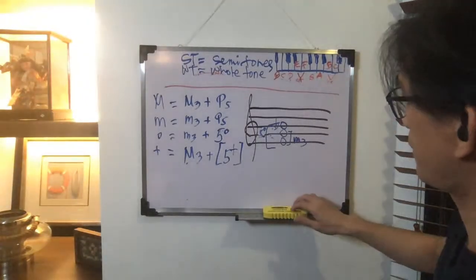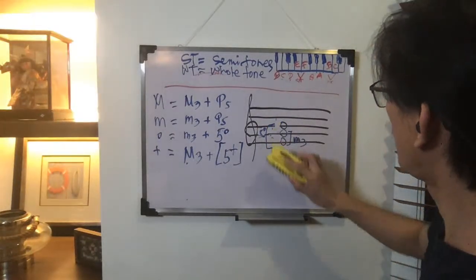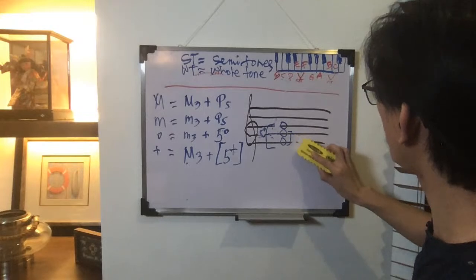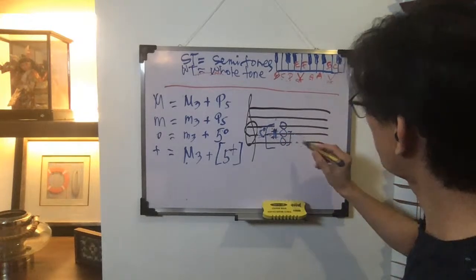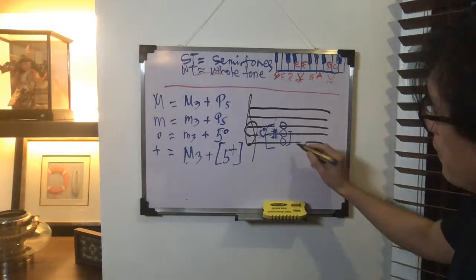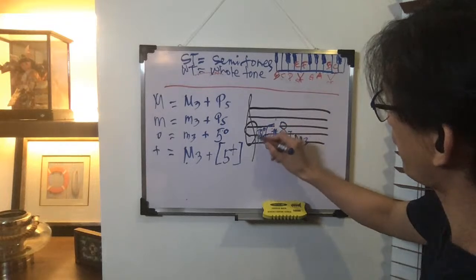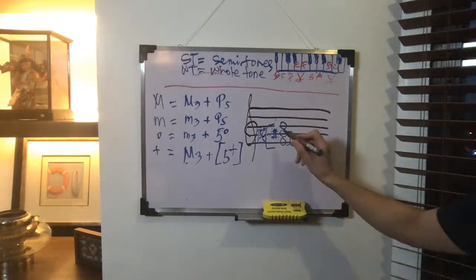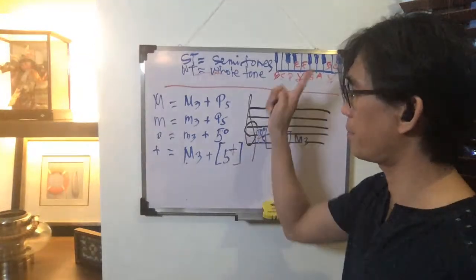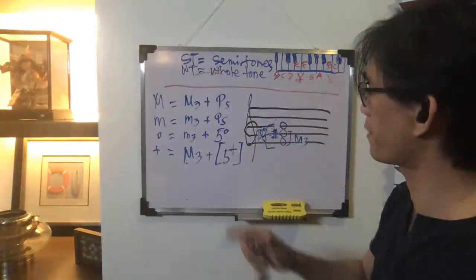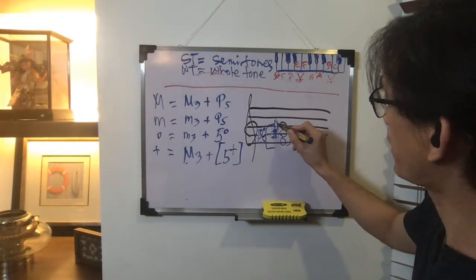Now, let's see the same interval, but let's begin again from the major. So again, this is a major third, and this one is a P5. So what happens if the fifth goes up? It says here a half step higher, making it a sharp here. What happens?